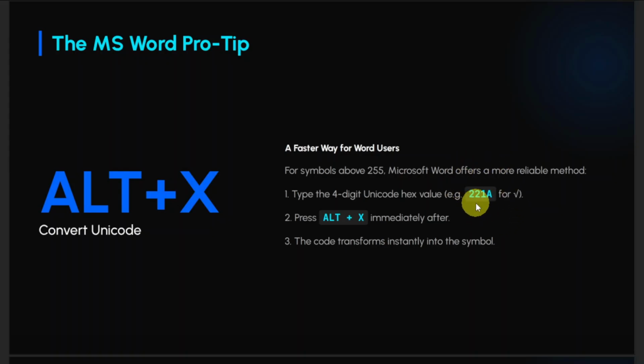This is the Unicode for square root. Then press Alt plus X. This is how you convert Unicode. The Unicodes are the codes given for every symbol in the computer system. So 221A is given for square root.